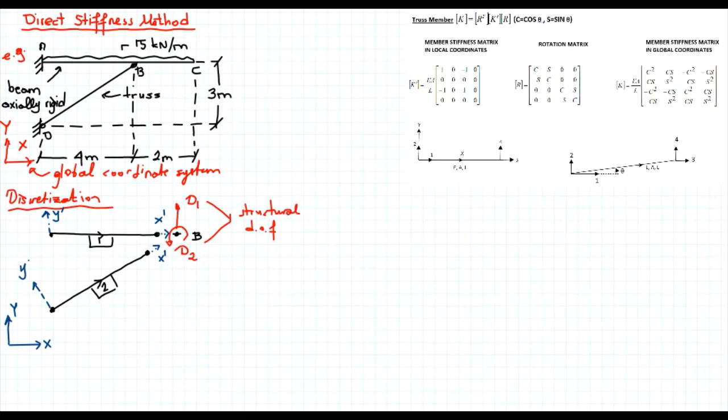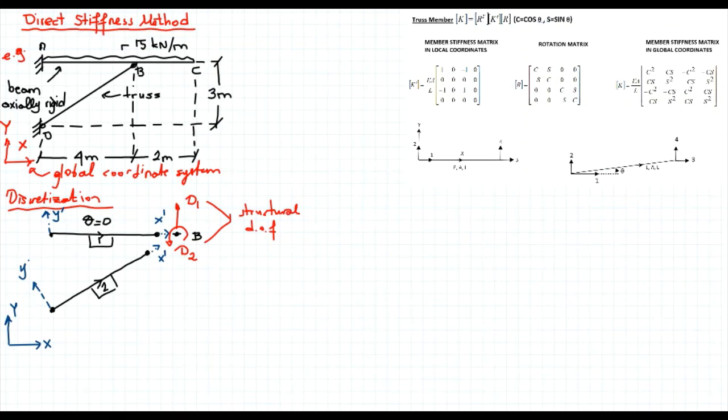Okay, now let's show the rotation angle. For the first one, remember that for the rotation angle we will be looking at the angle between the global x and the local x. So they are parallel. So for the first one, actually we don't have to do any transformation. Theta is equal to 0.